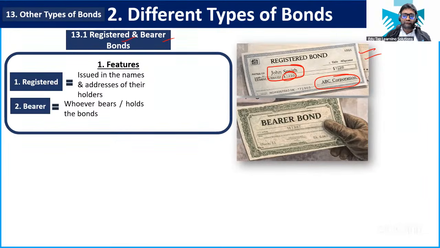Now a bearer bond is whoever bears this particular bond, whoever has possession of this bond, they will get the benefit. Okay, for example, the benefit of this bond can be given to John Smith only, nobody else. But let's say John has bought this bearer bond. Normal bonds are generally bearer bonds.